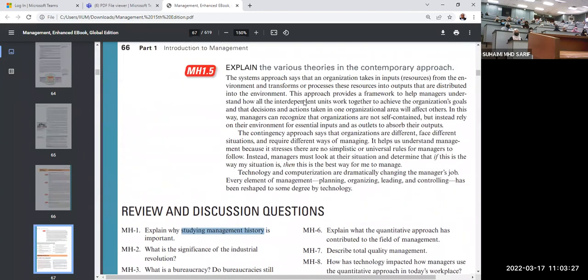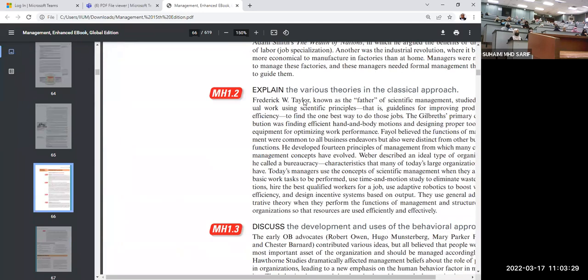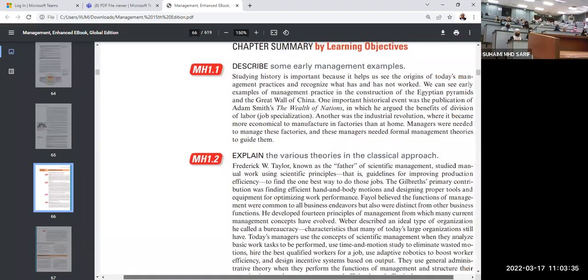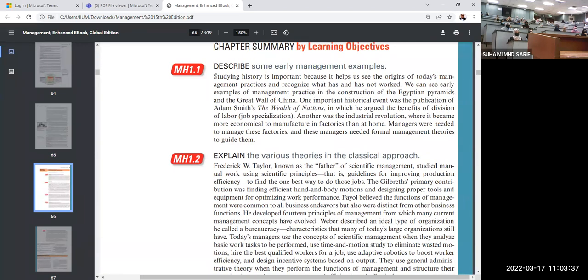You go back to the summary. Can you see here? They say studying history is important because it helps us to see the origin of today's management and recognize what has not worked. Okay, 2 points here. Number one, the root of the management practice.